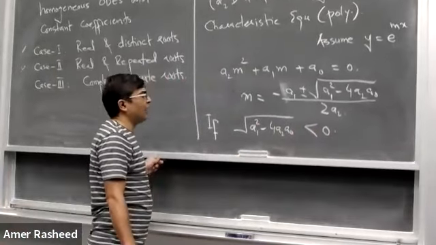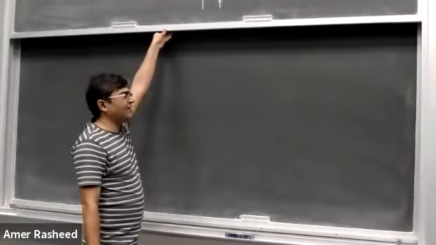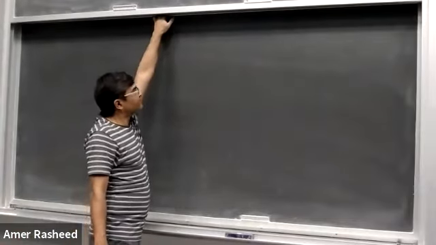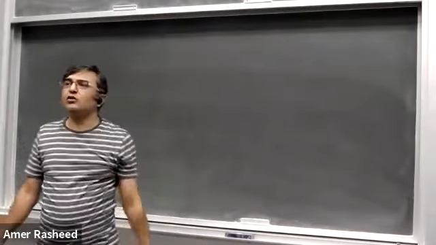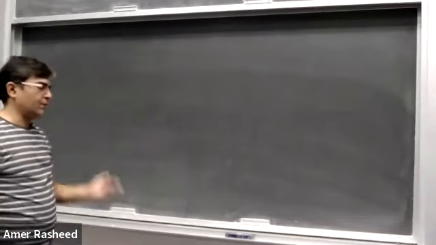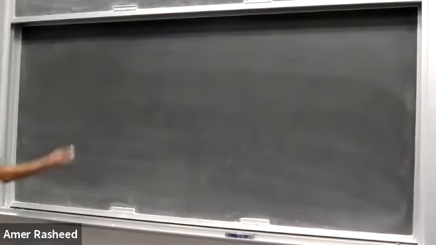Complex roots always exist in pairs. We call them complex conjugate roots. Those roots are conjugates of each other.